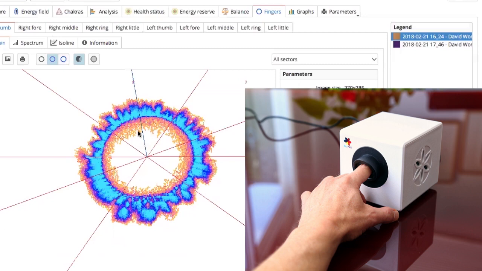Depending on how much energy, that's what this device does. This camera can actually capture the energy levels coming out of your fingers. I'll go more into that in another lesson because there's a lot of technology behind it. But that's what it does. It can take a picture of the electromagnetic energy coming from your fingers.